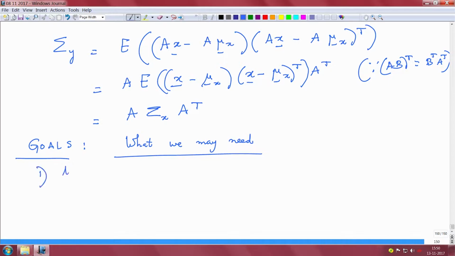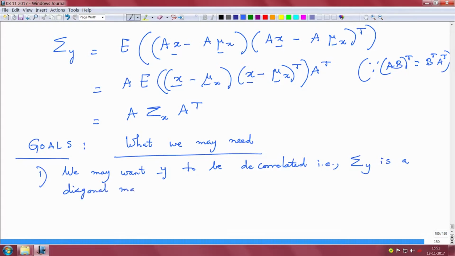One, we may want y to be decorrelated, that is, sigma y is a diagonal matrix, say lambda, right.